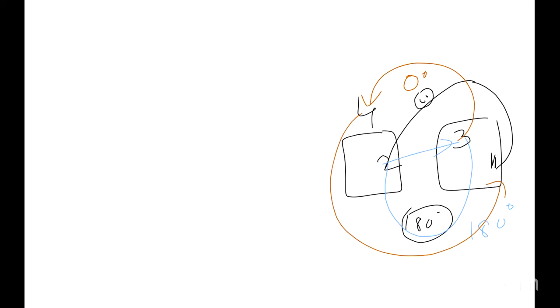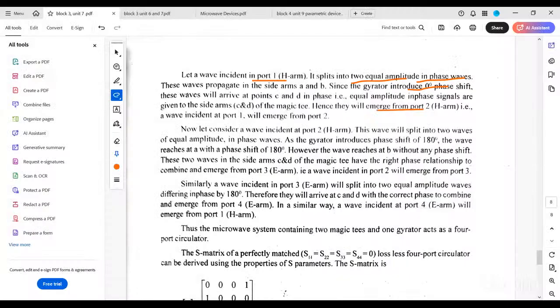This is explained in 4 passages. See here, what is given in the first passage? Port 1 is splitting into 2 equal magnitudes.